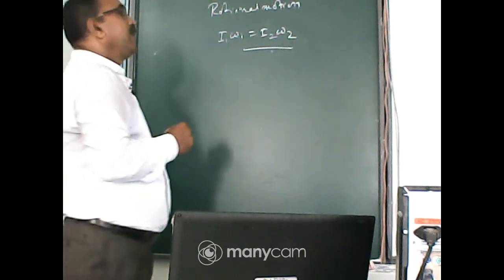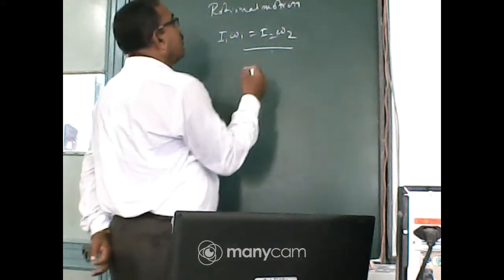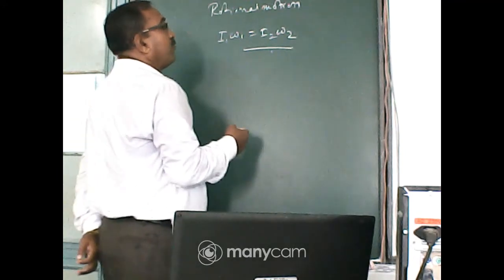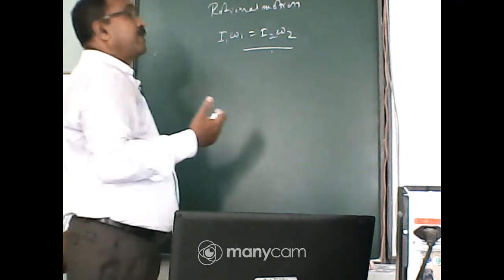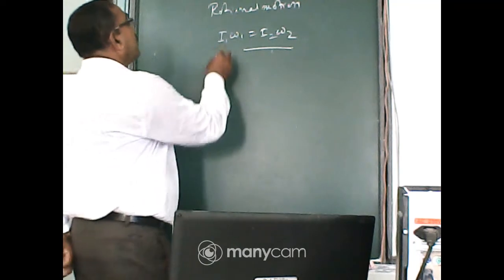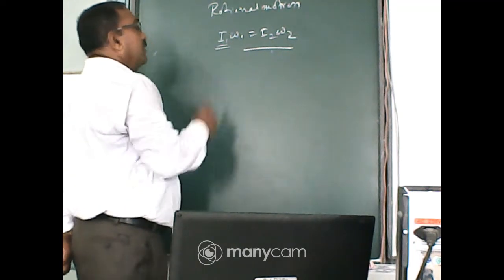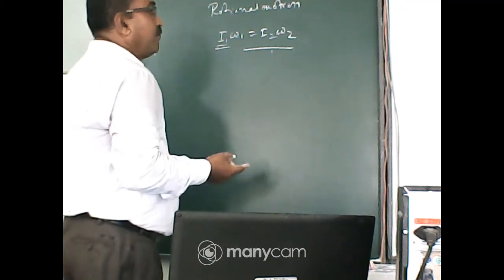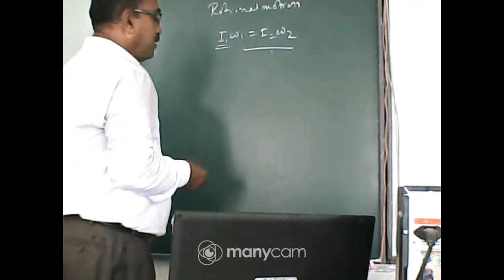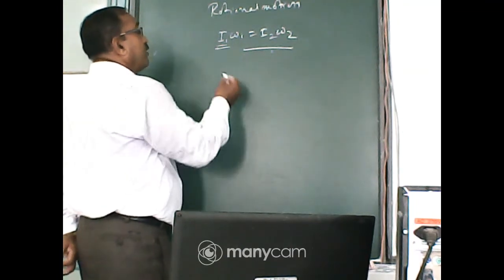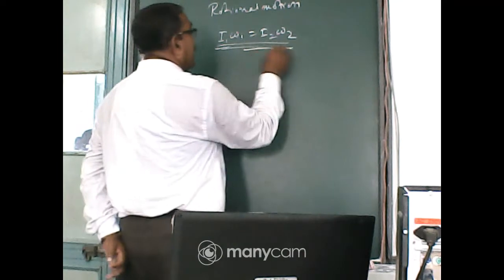Or if the angular velocity is fixed, what will be the relation between the radii? That value is m r1 square, m r2 square, so you can know the interrelation between them.